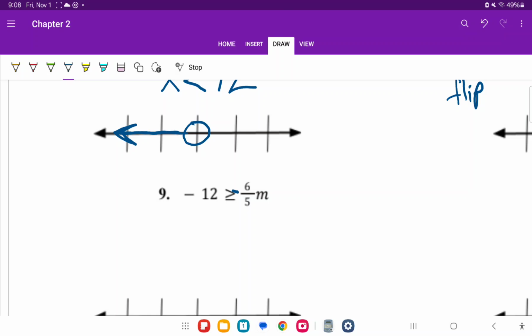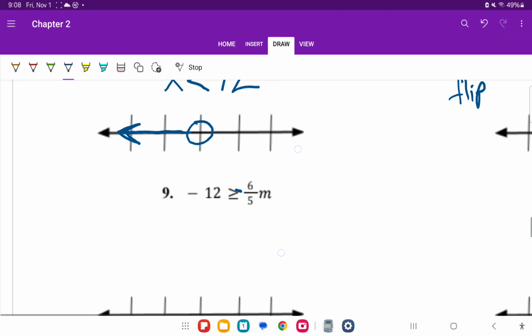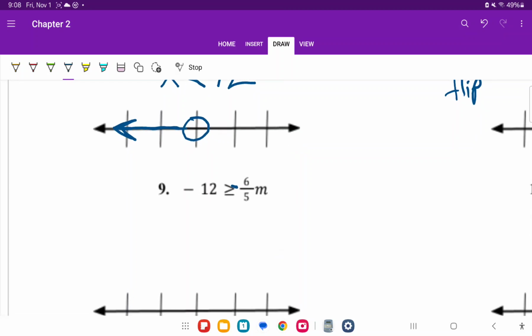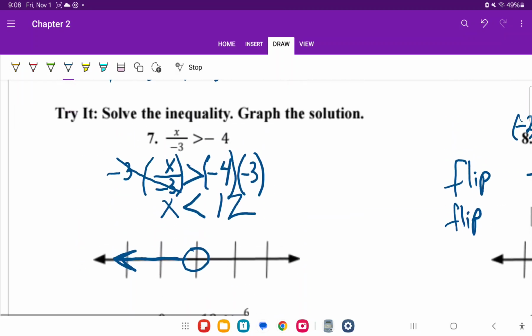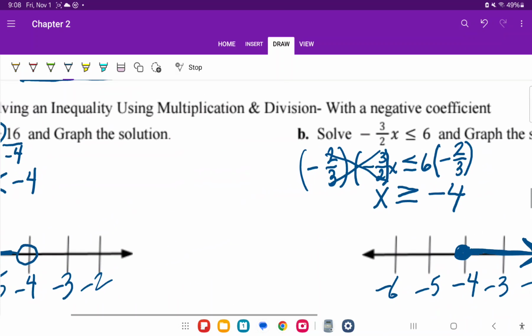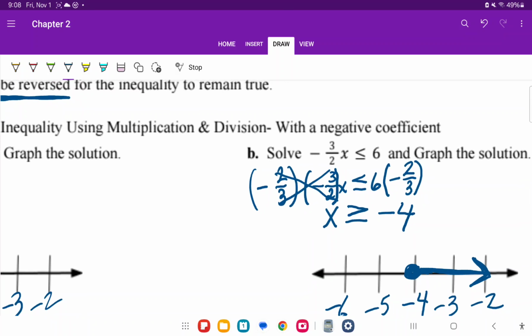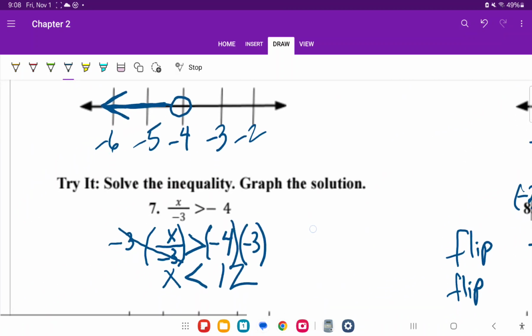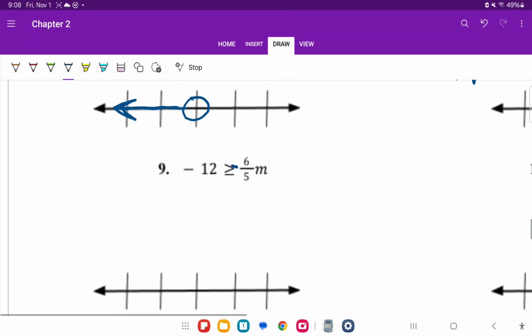Jasleen, like we did on number what? Where did we do this? Letter B. Like we did on example B right up here. We're going to do that same thing right here on number 9. Right? I need to multiply by the reciprocal.